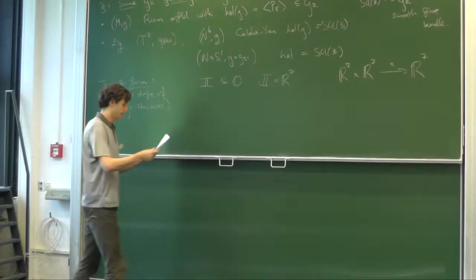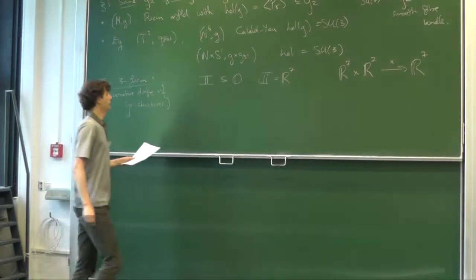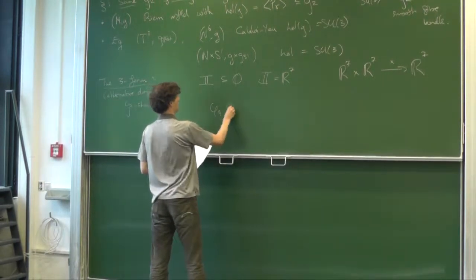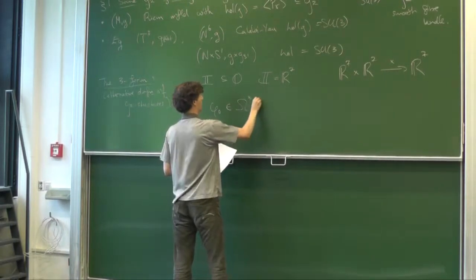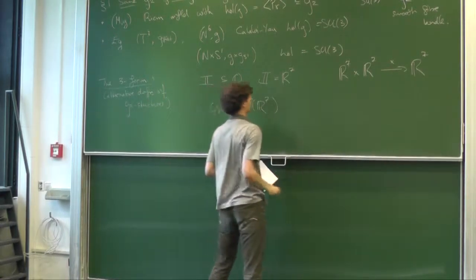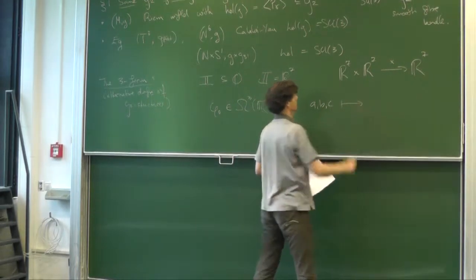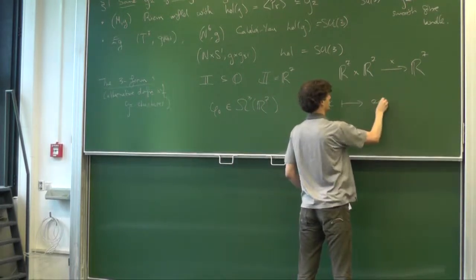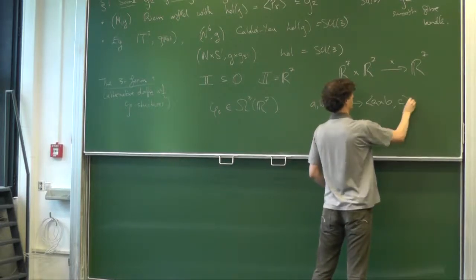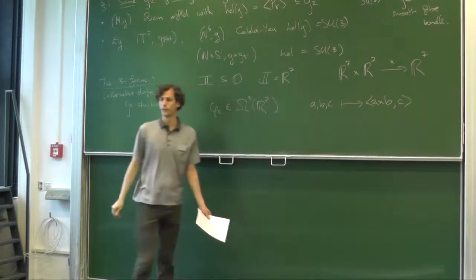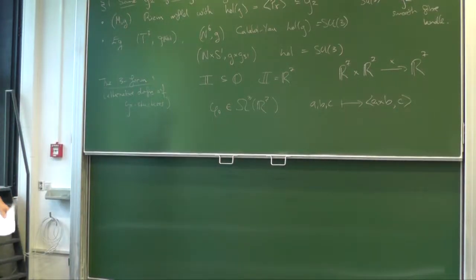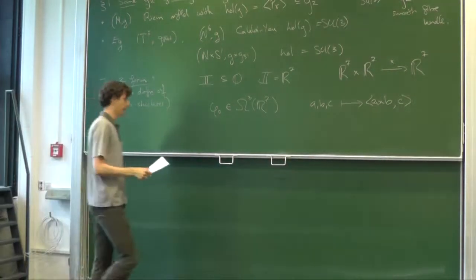So this allows you to define a 3-form in the following way. Given 3 vectors, you just do what you did at high school. You take the cross product of the first 2, and then you take its inner product with the third. And this is an extremely beautiful natural 3-form.